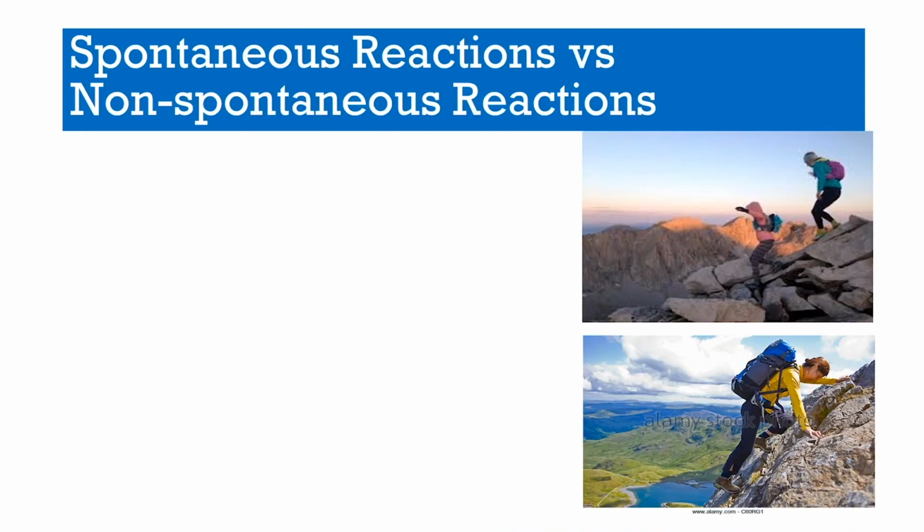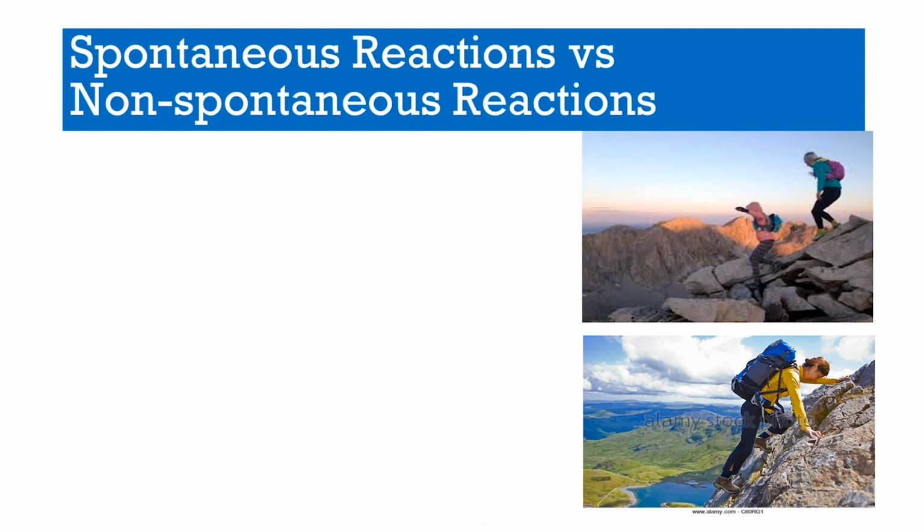As we said, there are two types of reactions. When we're talking about reactions, in case you don't know, we're talking about chemical reactions. With any chemical reaction, we have reactants, something happens, and then we have products.